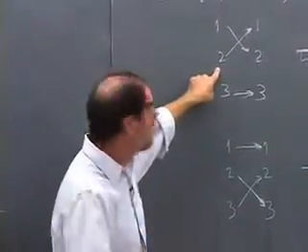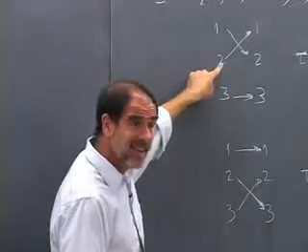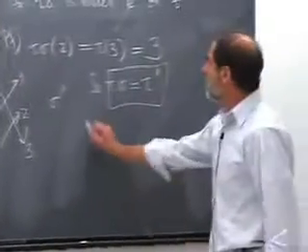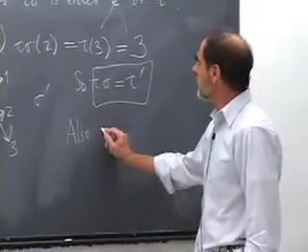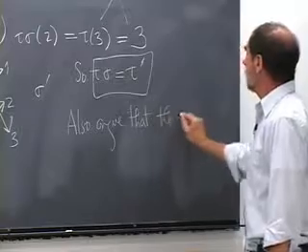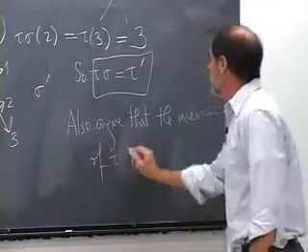Inverses are unique. The only possible thing that when you multiply by tau, you get back to the identity is tau. Sigma doesn't look like tau. Very good, you could argue that the inverse of tau is equal to tau.